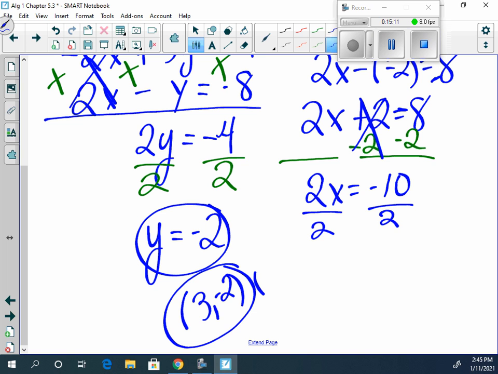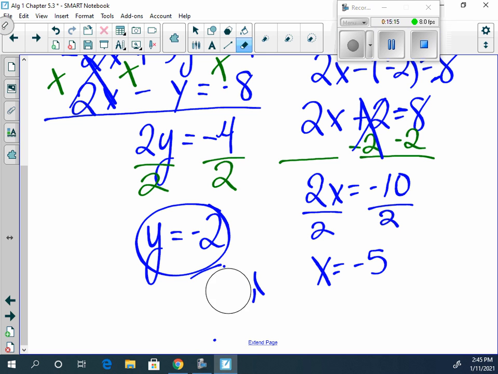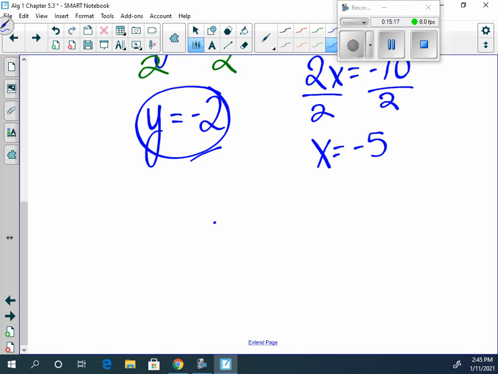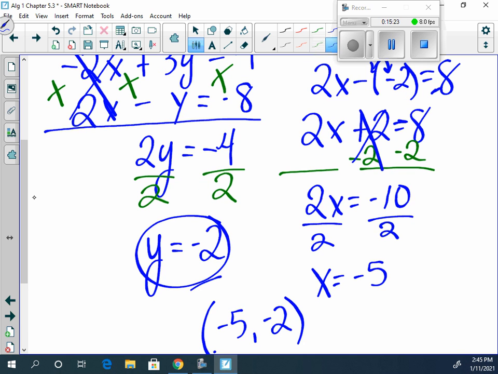When we divide by 2, x should equal negative 5. So it should have been negative 5, negative 2. Yep. So on that last one, I just dropped the negative off the 8, and it changed the whole answer.